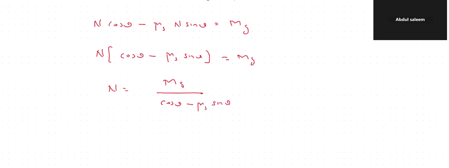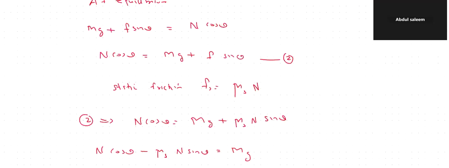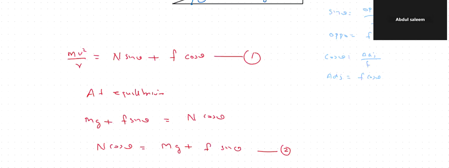Now we can change equation number 1. What is equation number 1? mv square by r equal to N sin theta plus F cos theta. Centripetal force is provided by one component of the normal reaction force, that is N sin theta, and one component of the frictional force, F cos theta.